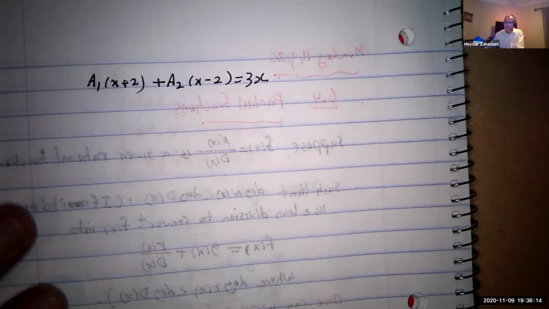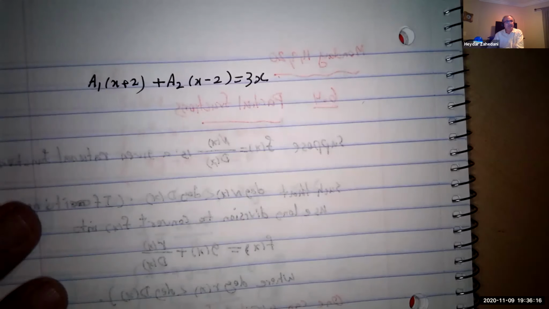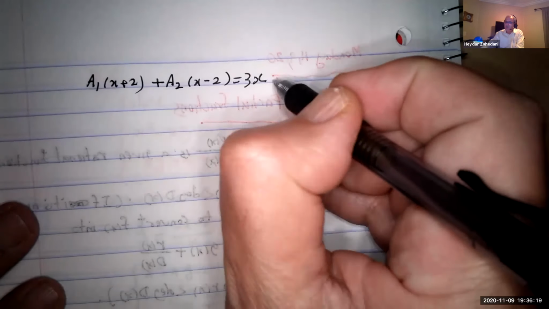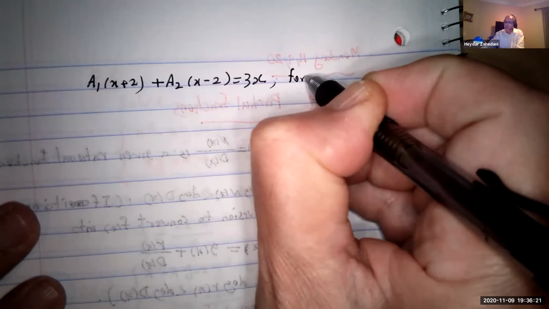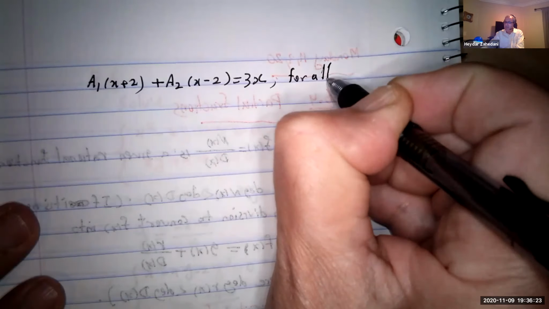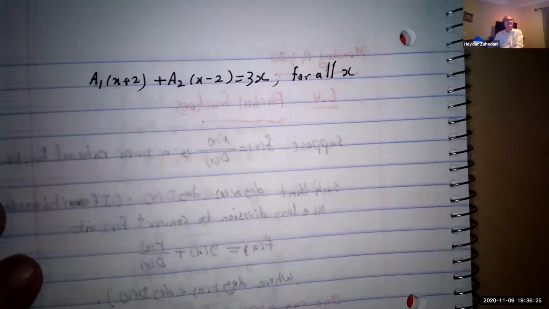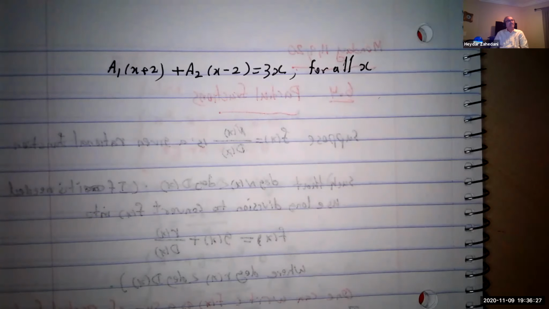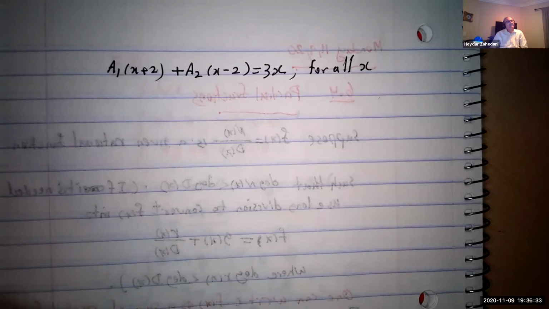You see, this is going to be a kind of identity. So this means this is true for all values of x, because it must be true all the time. So what you would like to do is find a1 and a2.